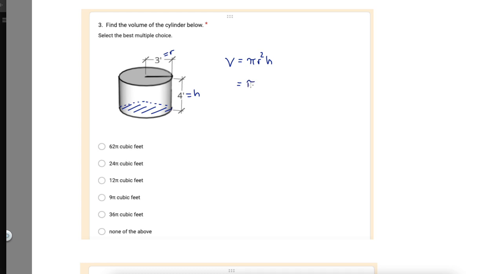We have pi times 3 squared times 4, pi times 9 times 4. 9 times 4 is 36 pi. Notice all of our answers have pi in it, so we don't multiply the pi through. It looks like it's right here, 36 pi cubic feet.